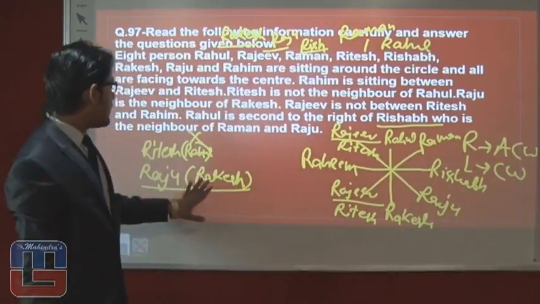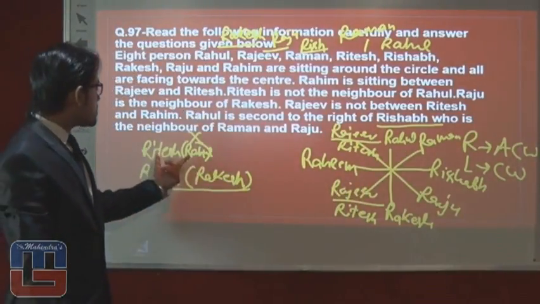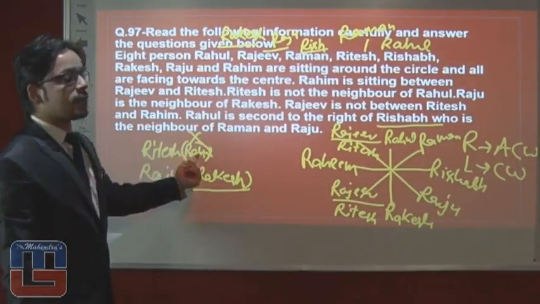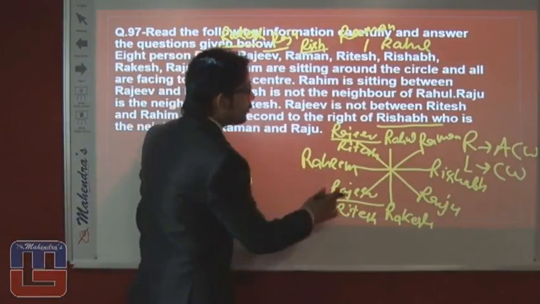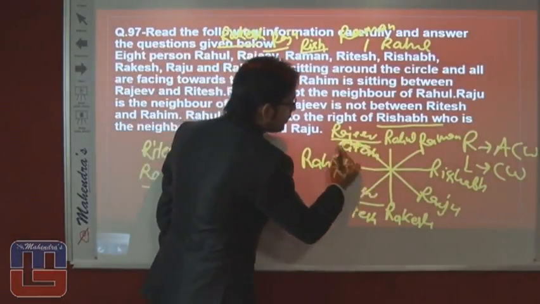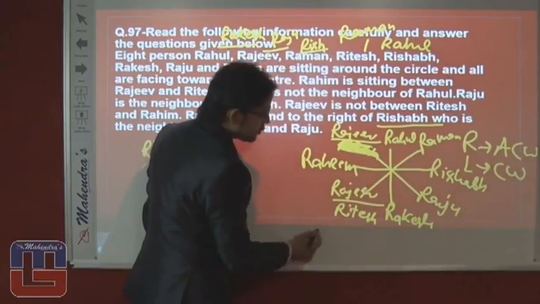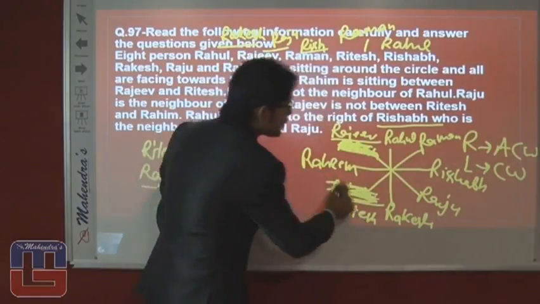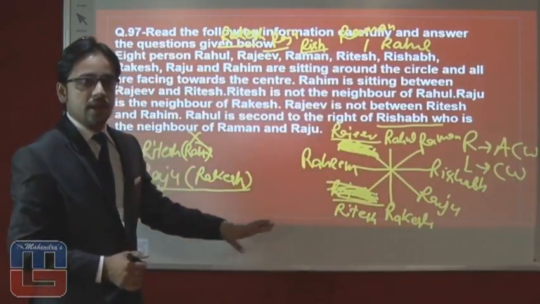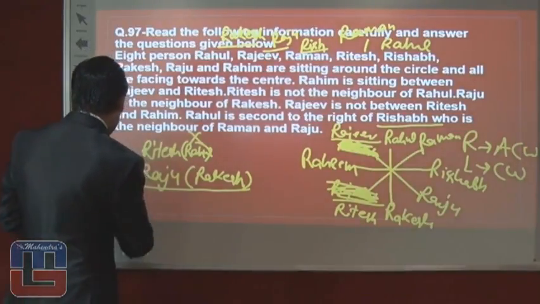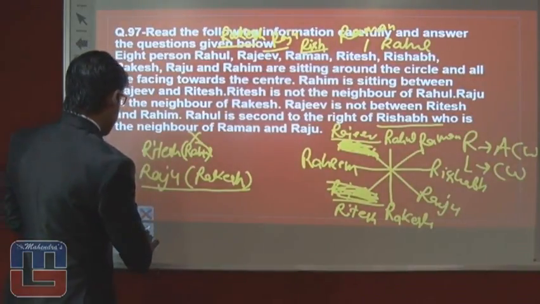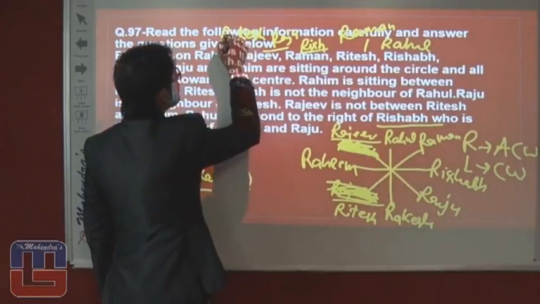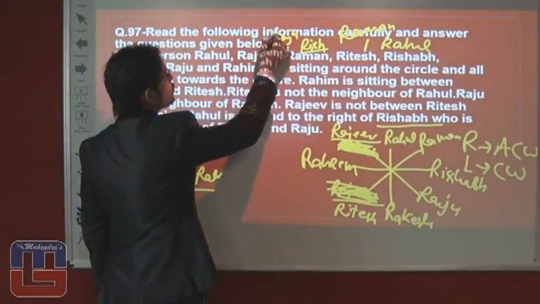Now we can take help from the statement that Ritesh is not neighbor of Rahul. So the member sitting over here will be Rajiv and Ritesh will be sitting over here. This will be the right arrangement. Now with the help of this you can easily answer your questions.